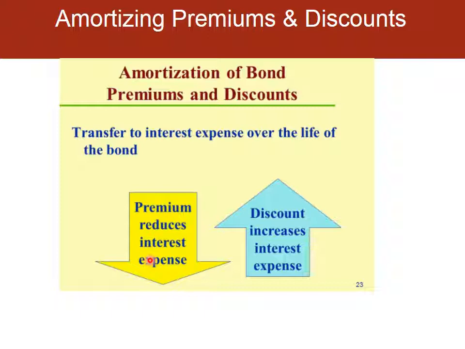The reason a bond is sold at a premium is because they were offering this fantastic interest rate. And so the bond issuer is kind of frustrated that they paid a high interest rate, but they get a premium in to help reduce the actual interest expense. Similarly, if a bond is issued at an interest rate that's not good, then the bond purchasers are saying, nope, not giving you full price, I'll take it at a discount.